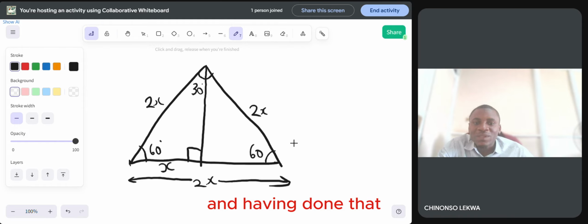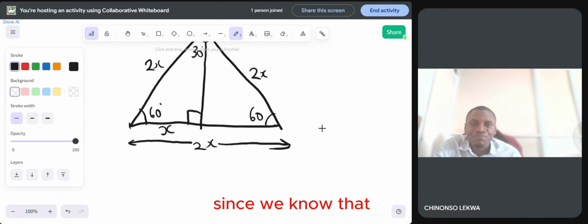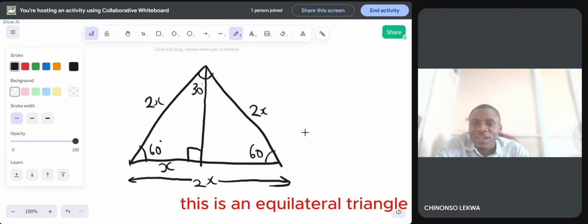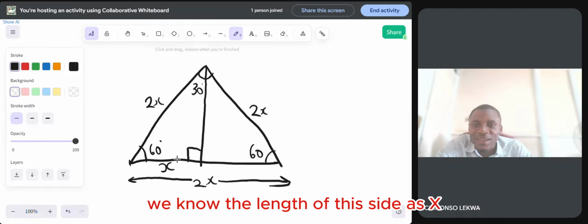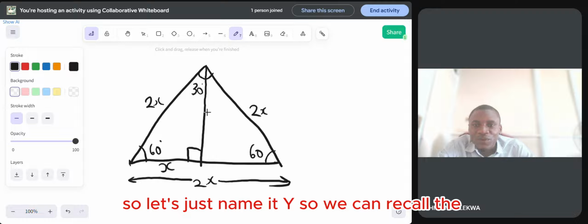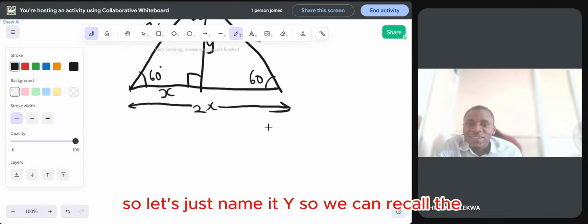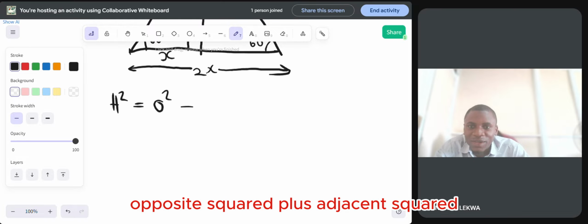Having done that, we know the length of the hypotenuse as 2x. We know the length of this side as x. We want to know the length of this side, so let's just name it y. We can recall the Pythagoras theorem, where hypotenuse squared is equal to opposite squared plus adjacent squared.